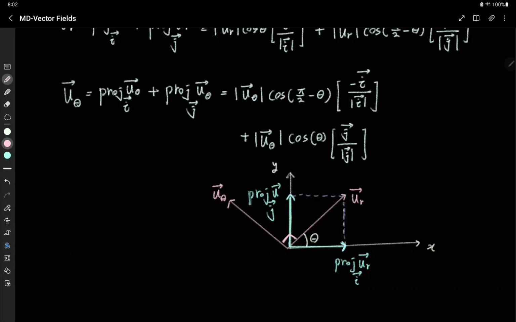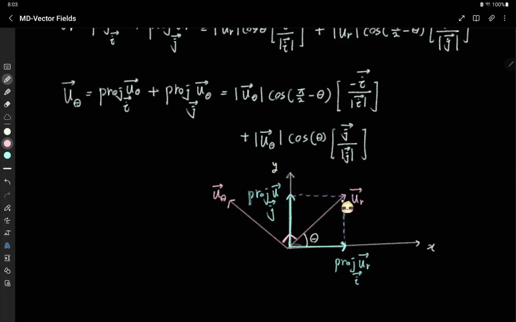We can express these two vectors in terms of the basis vectors of the Cartesian coordinate system. So we're going to find the orthogonal components onto x and y by using projection. The projection of this onto the basis vector i of the Cartesian coordinate system is going to be this.